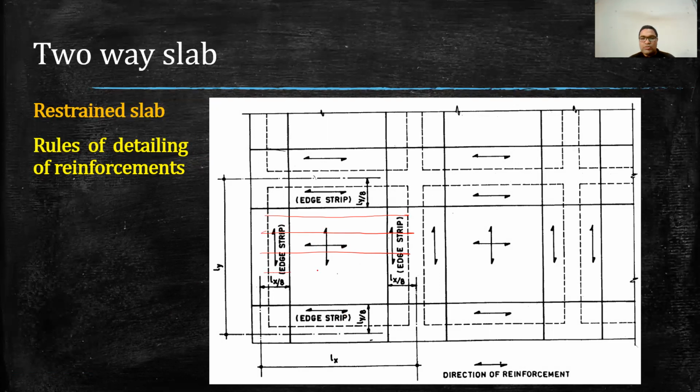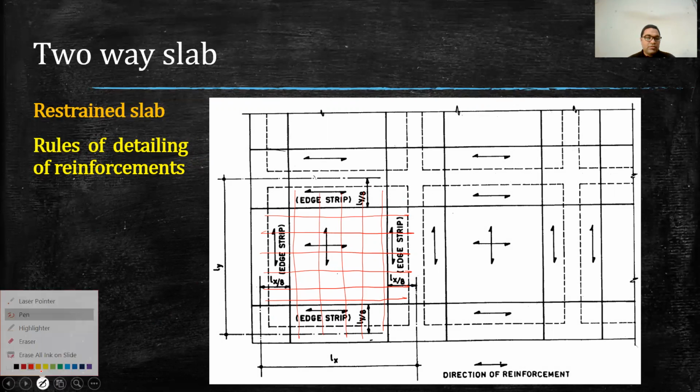So along the shorter span, reinforcement will be provided for the middle strip up to this only. Similarly, for the longer span, the strip is this one and up to this one. So the main reinforcement will be provided like this.